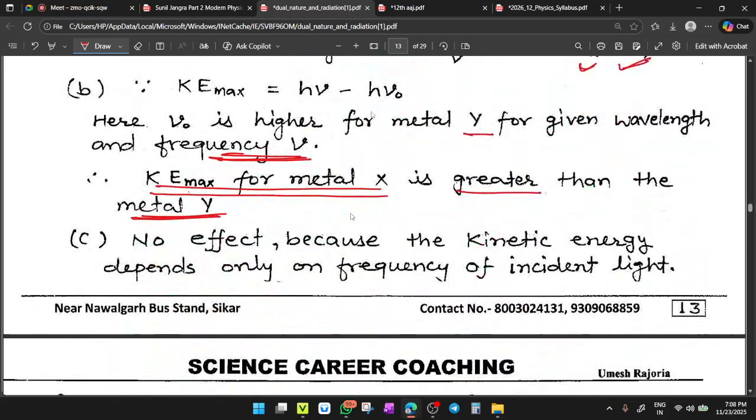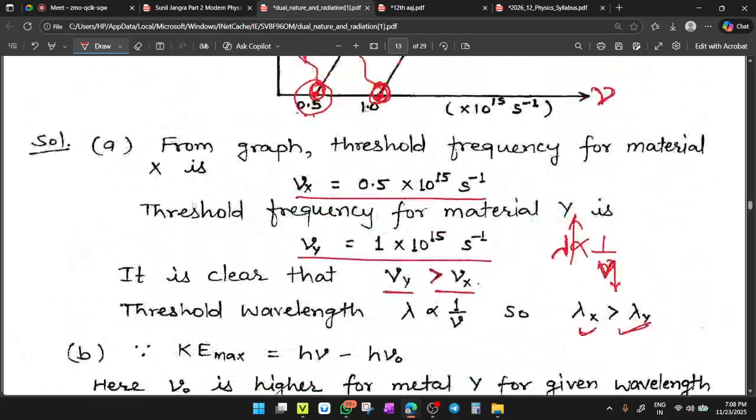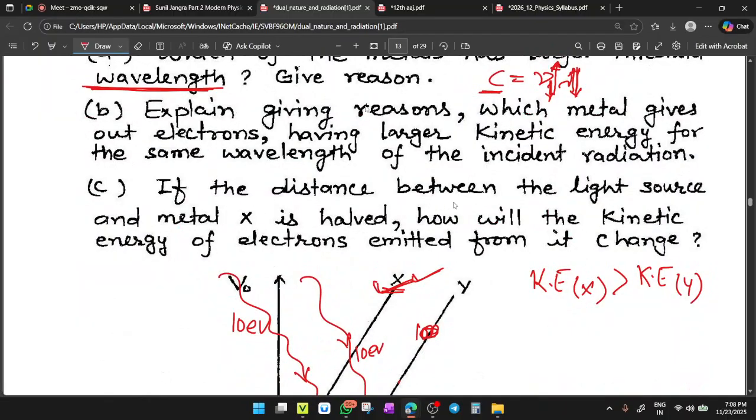Done? Okay, students. Next, coming to question number C. If the distance between the light source and metal X is halved, how will the kinetic energy of the electrons emitted change?